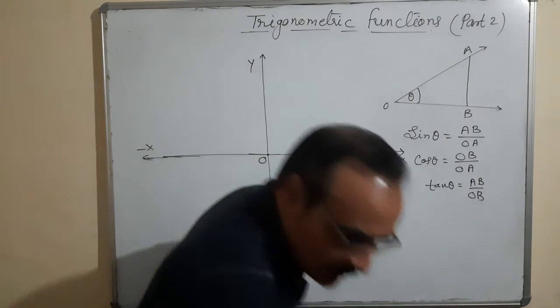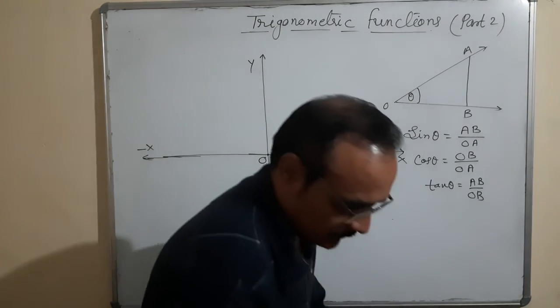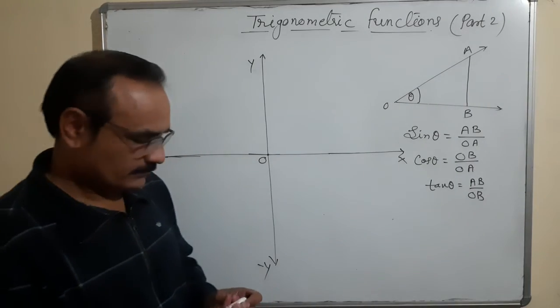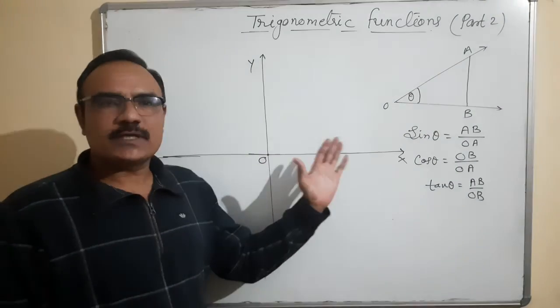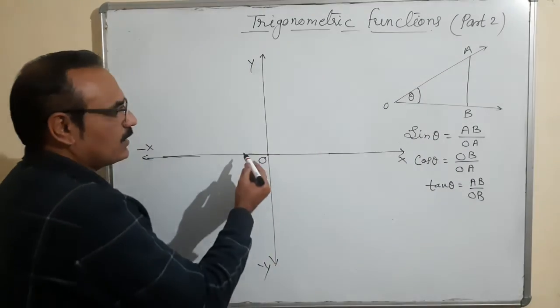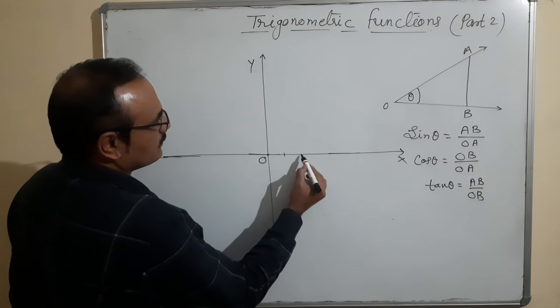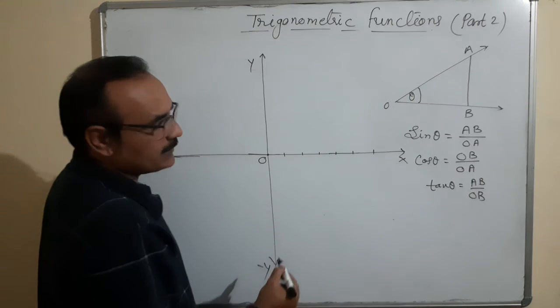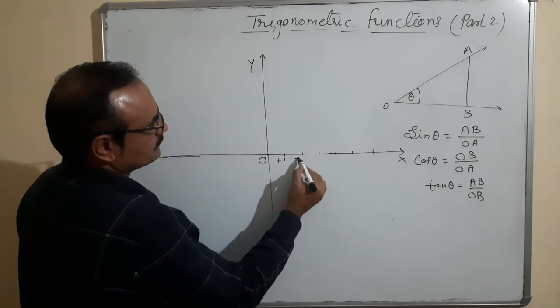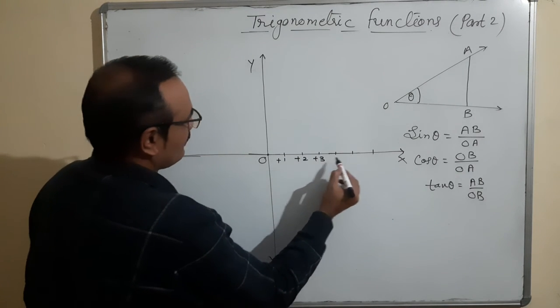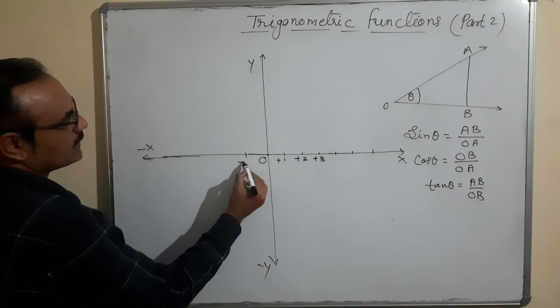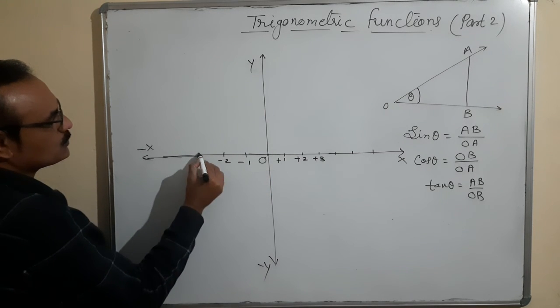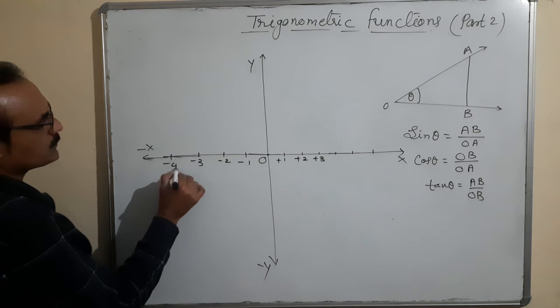So now let me tell you the condition. You know the sign convention. On the positive side, plus 1, plus 2, plus 3. On the negative side, minus 1, minus 2, minus 3, minus 4.